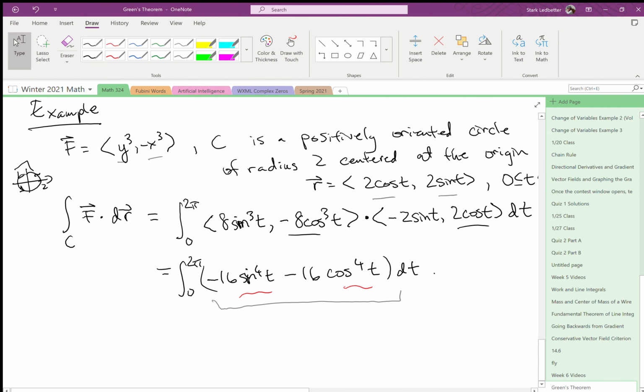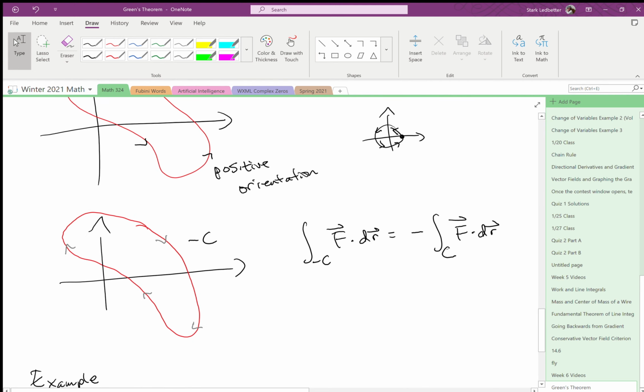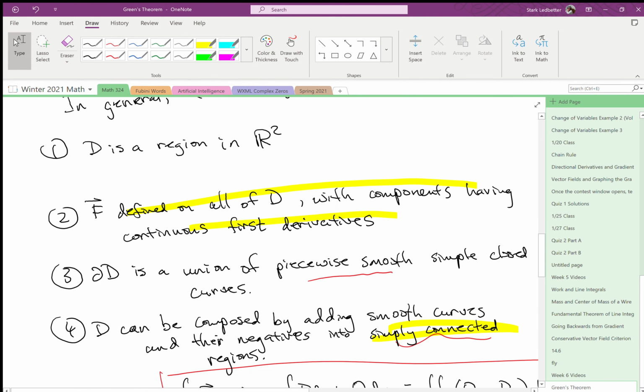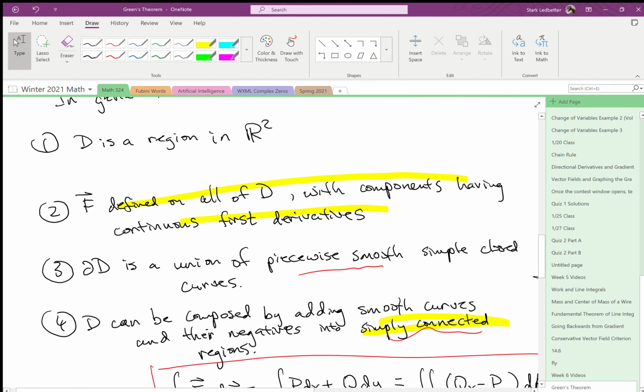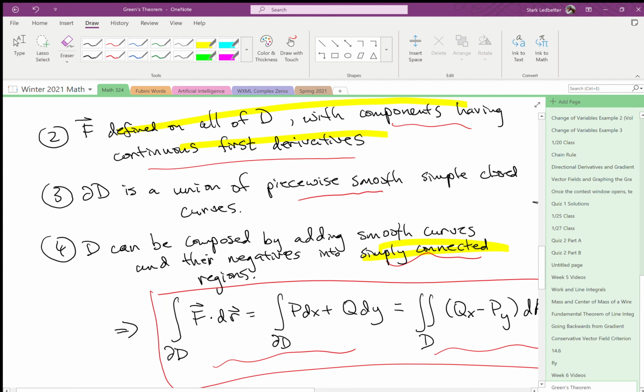So let's see, we have a circle of radius 2, so everything is very nice about this. We can certainly check all the conditions. Okay, it's a region in R2. We're defined on all of D. There was nothing wrong with the y cubed, comma, negative x cubed. The components have continuous first derivatives. That's great.